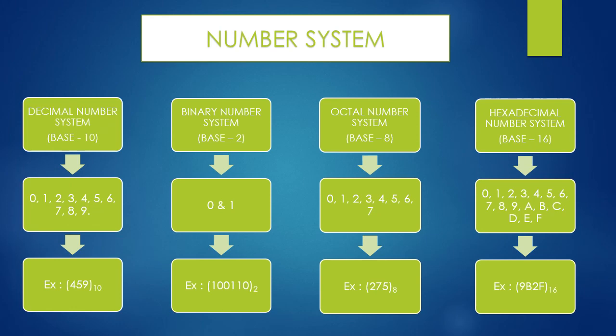Here there are altogether 16 symbols, 0 to 9, that is there are 10 digits, and alphabets A to F, that is 6 alphabets in hexadecimal number system. So altogether 16 symbols. That is why the base of hexadecimal system is 16, and it is also represented by writing the number within the brackets and adding the subscript as 16. Now this is all about all the different types of number systems in computers.